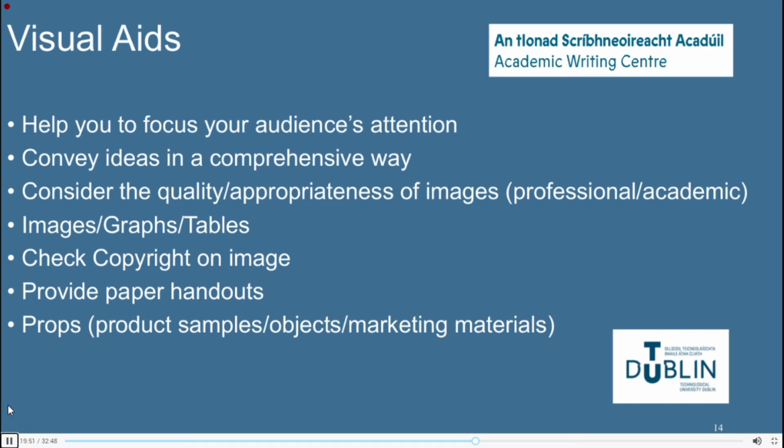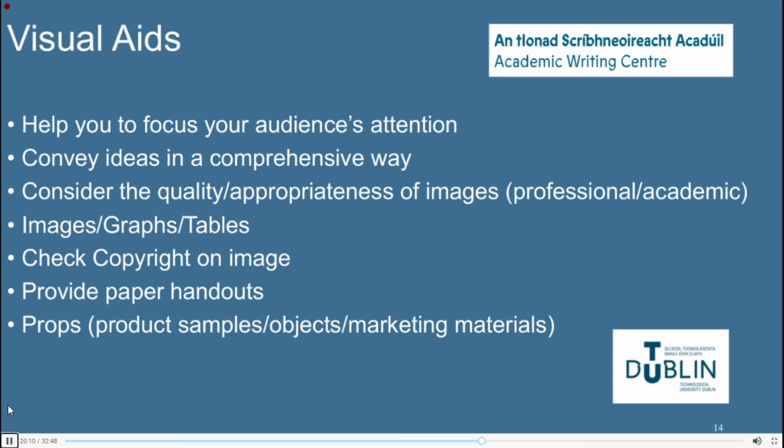We're moving now to the next section, in which we are looking at the visual aids that are used in presentations. The reason for visual aids is that they help to focus attention.